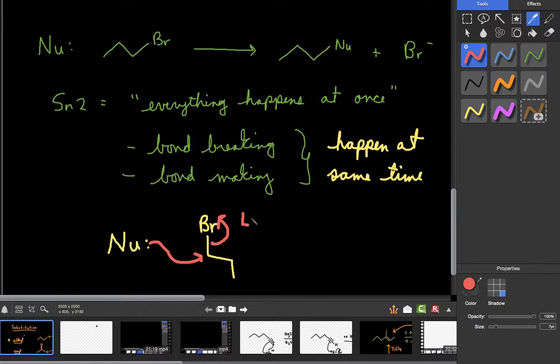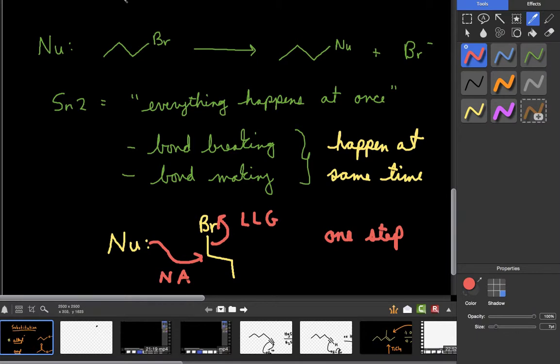So here's my loss of leaving group. Here's my nucleophilic attack. Now this means this reaction is one step. That's not always the case. If I had to protonate an alcohol, for instance, that would be more than one step. But only SN2 has the possibility of occurring in one step.